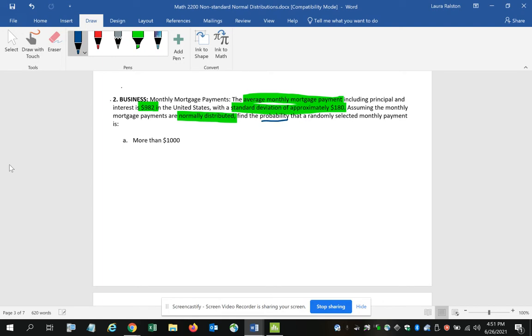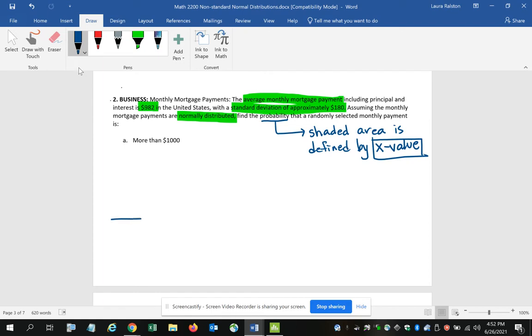The fact that it's asking me to find the probability leads me to the fact that my shaded area for Minitab is defined by an x value. When the question says find the probability, your shaded area is defined by an x value. And again, I like to draw a picture.